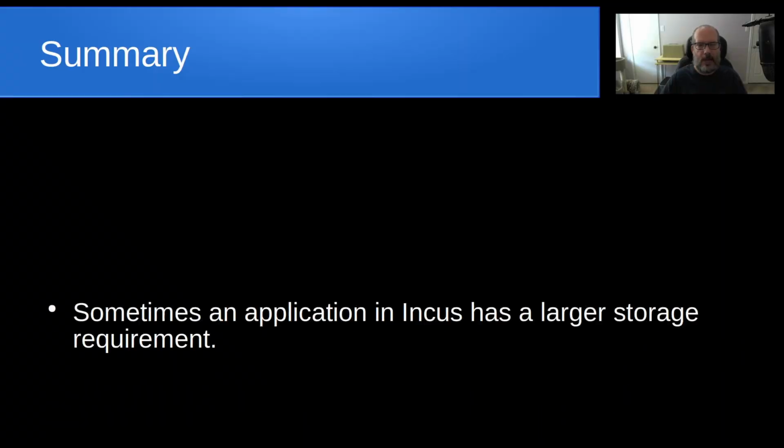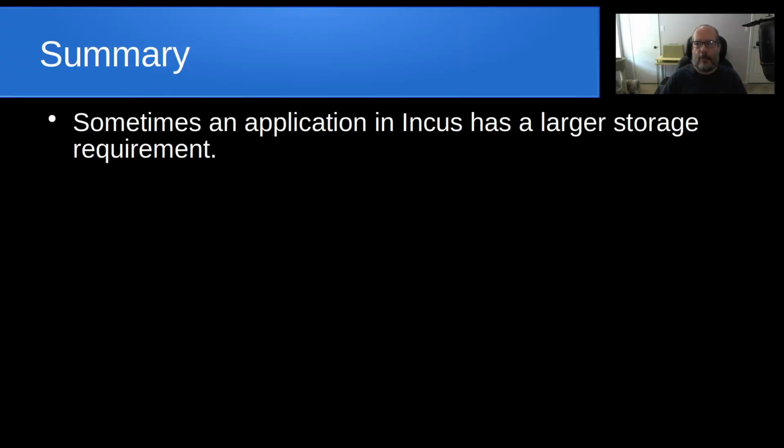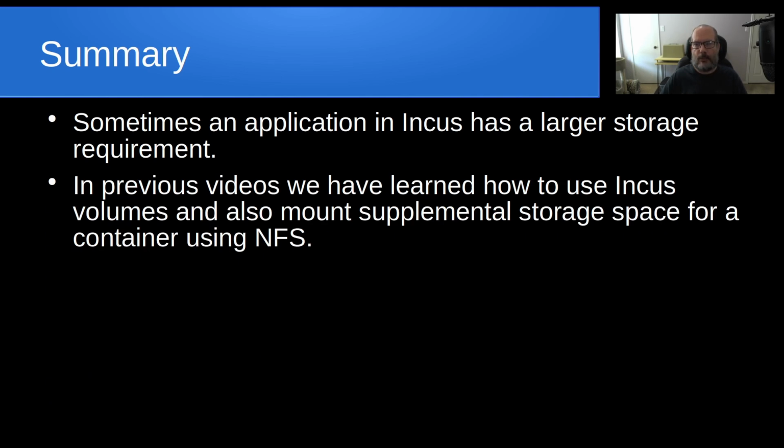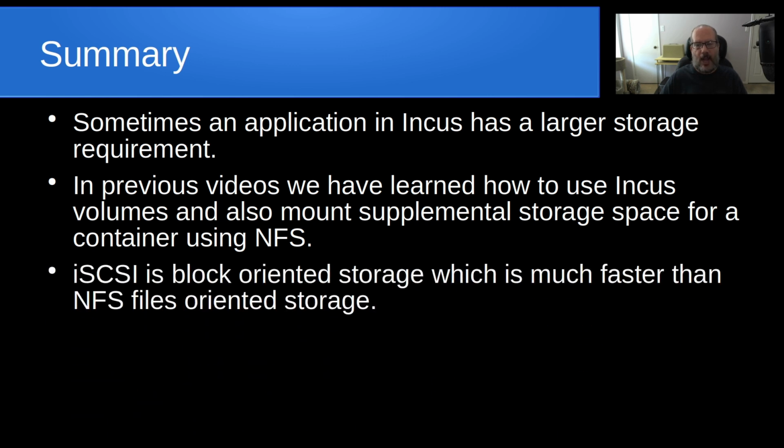So in summary, sometimes an application in Incus has a larger storage requirement. And in previous videos, we learned how to use Incus volumes and also mount supplemental storage space for a particular container using NFS. iSCSI is block-oriented storage, which is much faster than NFS file-oriented storage.